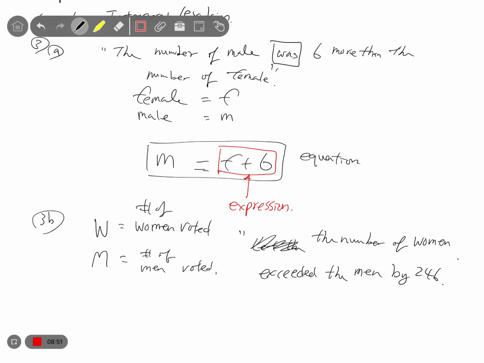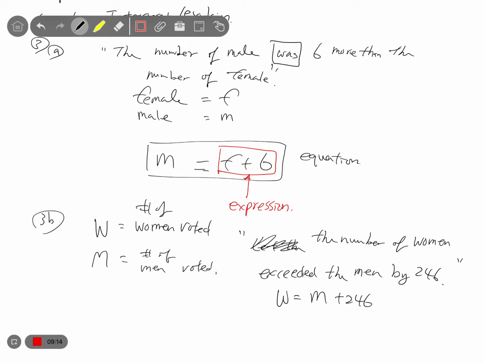Okay, so the number of women exceeded the men by 246. That means there are 246 more women than men. Which means the number of women is just whatever men is plus 246.